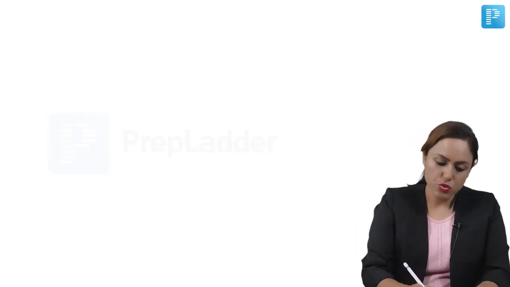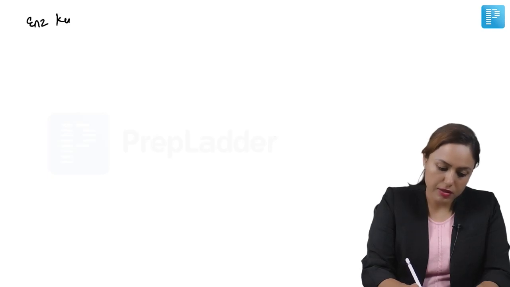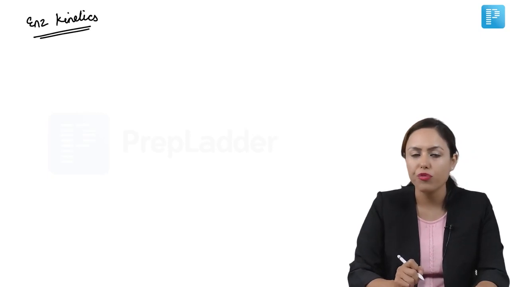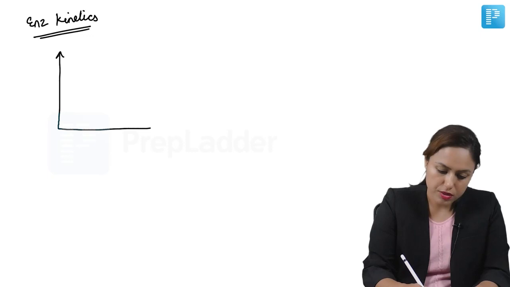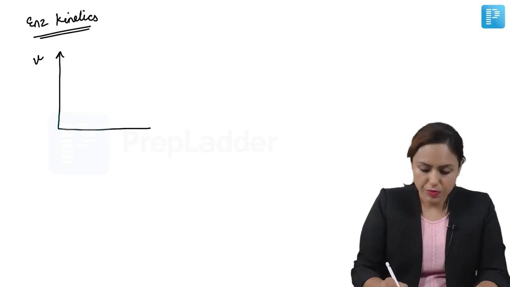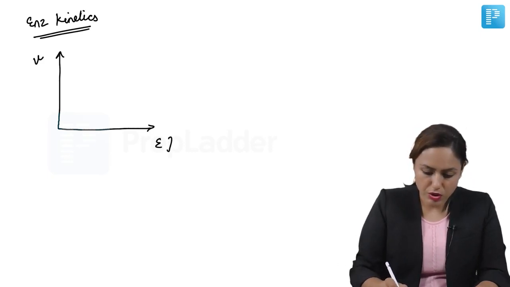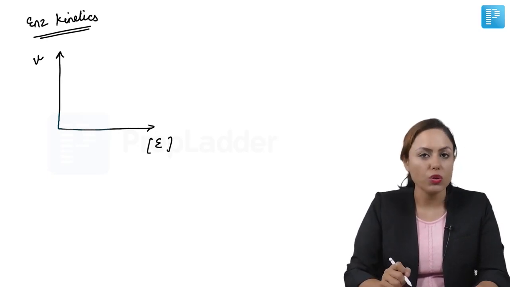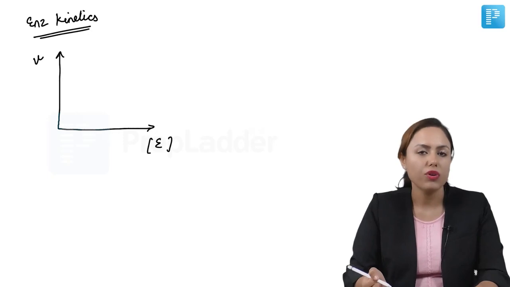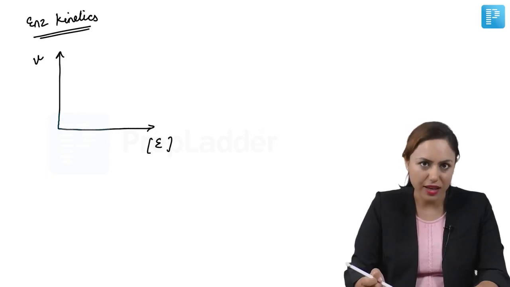Then next, let's do enzyme kinetics. In enzyme kinetics, we learn the shapes of different graphs. For example, the first one is between velocity and enzyme concentration. In enzyme kinetics, velocity is always taken on the y-axis and the other variable on the x-axis.